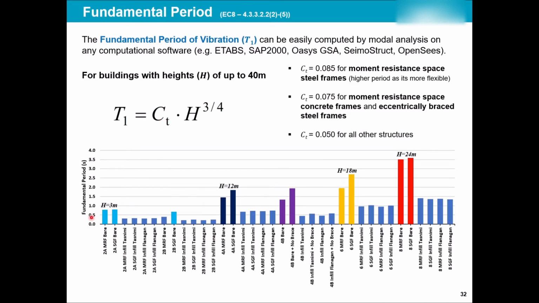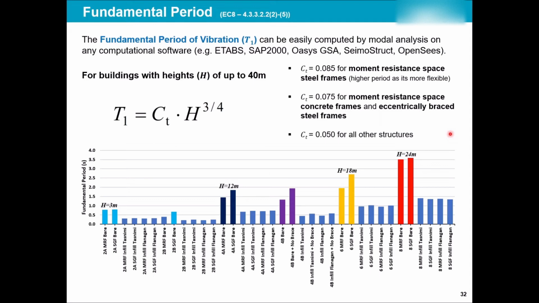So all of these guys would have had the same, give or take, T1, while just concentrating on their values, one of them is moment resisting frame, one of them is a simple gravity frame, so no moment resistance in the connections, and some of the other ones have infills in them. And you can see the presence of infill have significantly stiffened the building, and it has reduced the period of the structure. The same thing happens with the other ones as well.